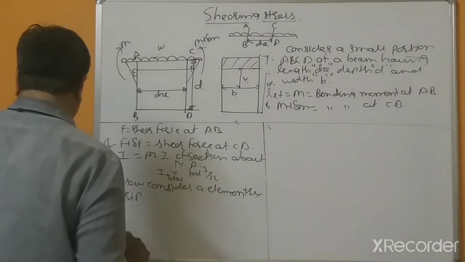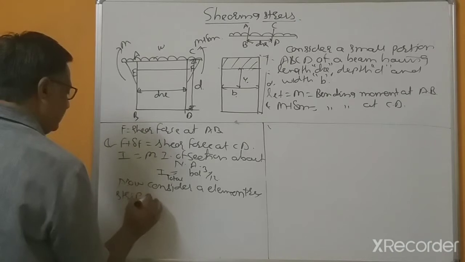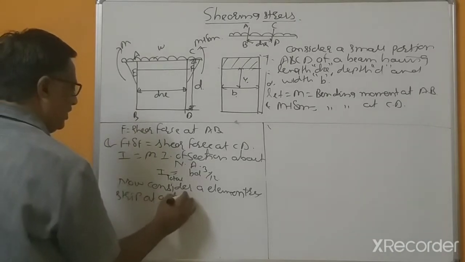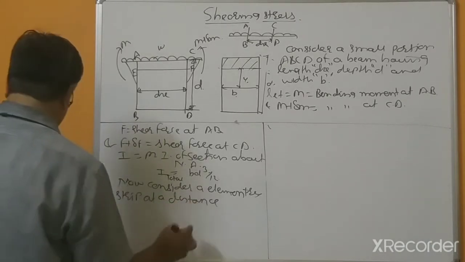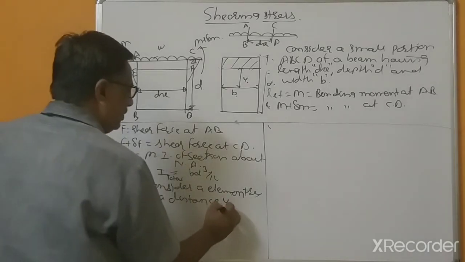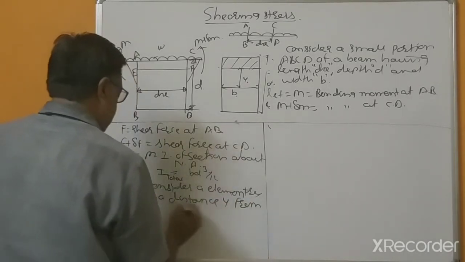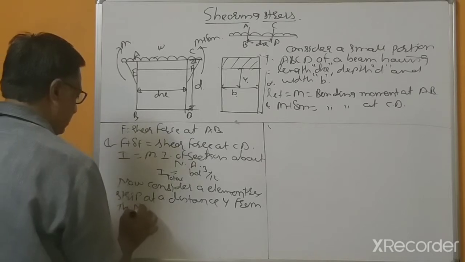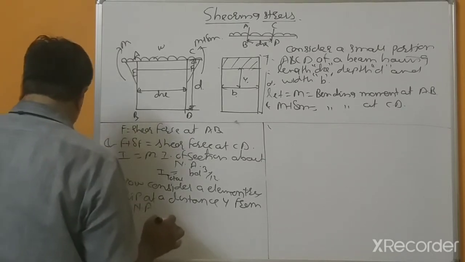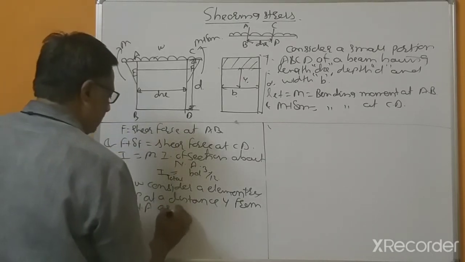The elementary strip is at a distance y from the neutral axis as shown in the figure.